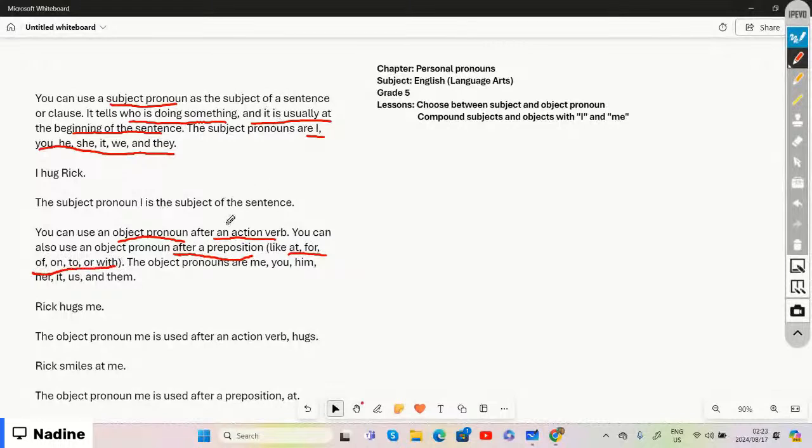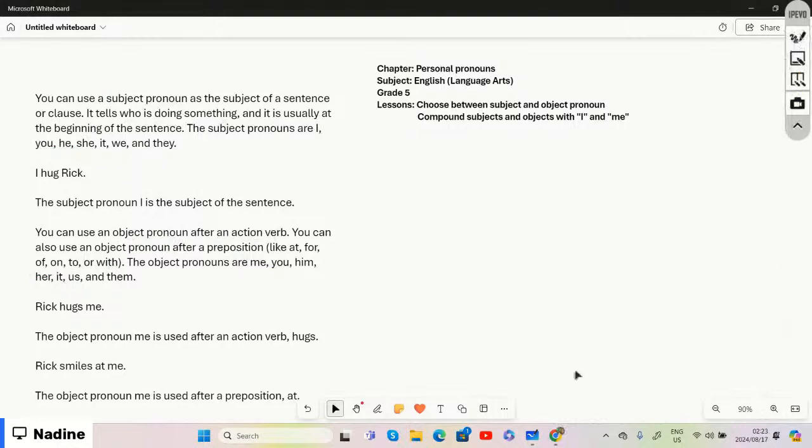And the object pronouns are words like me, you, him, her, it, us, and them. Right? So, which means that those are personal pronouns, and it is to do with subject pronouns as well as object pronouns. Right? So now let's go to our test.